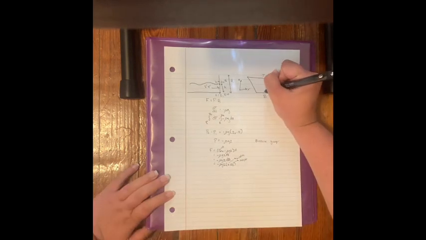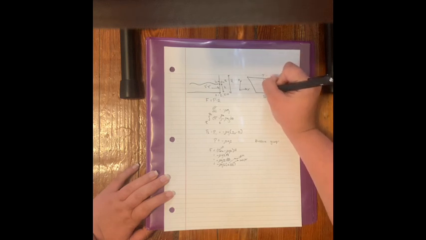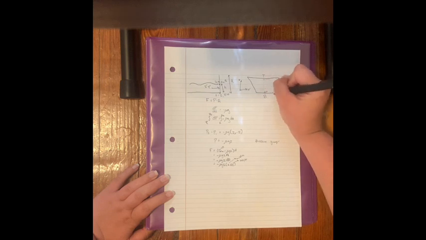So to do that, we are going to say that here, halfway between our width of T and halfway between our width of B will be 0, 0. And this point here is going to be the width of B divided by 2, 0.